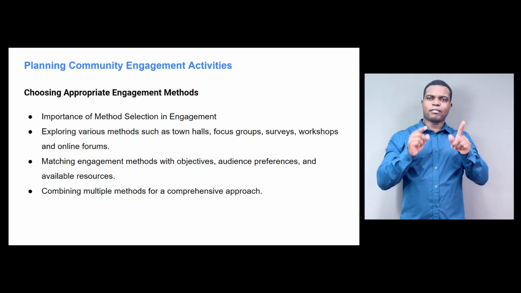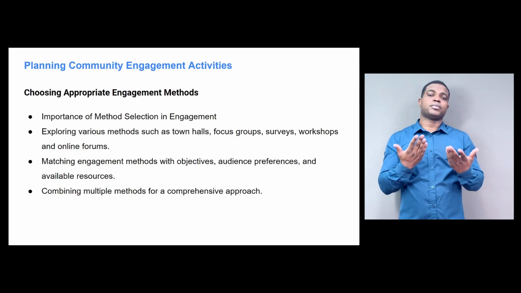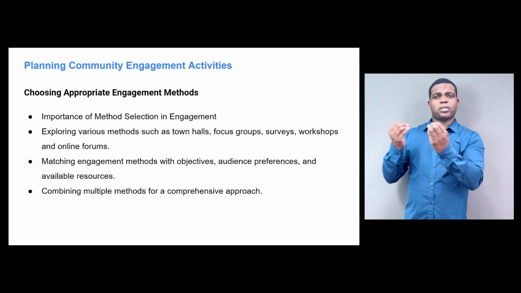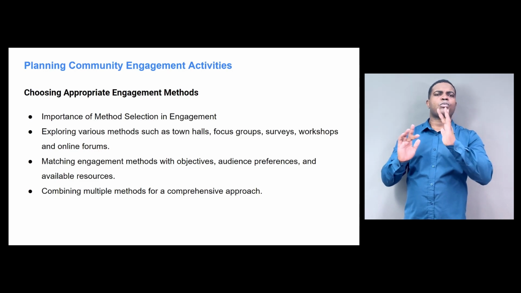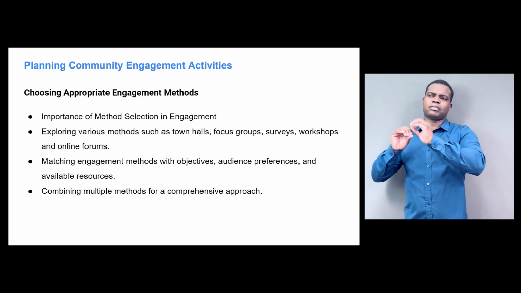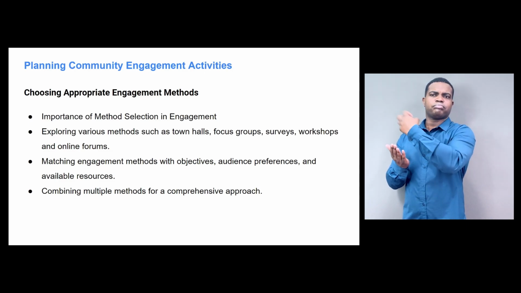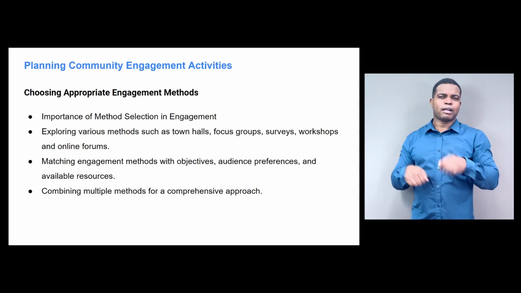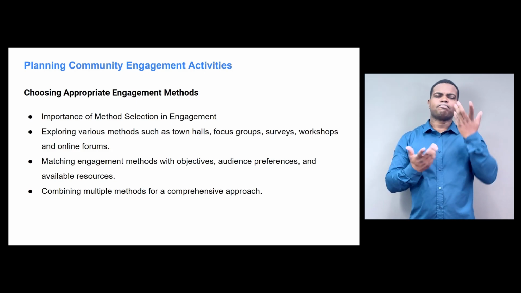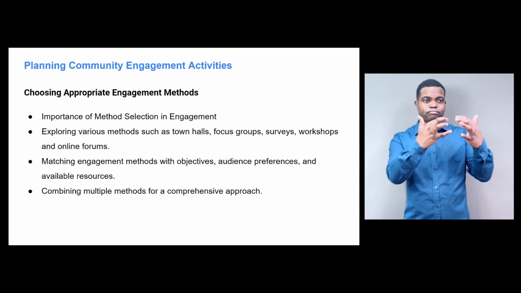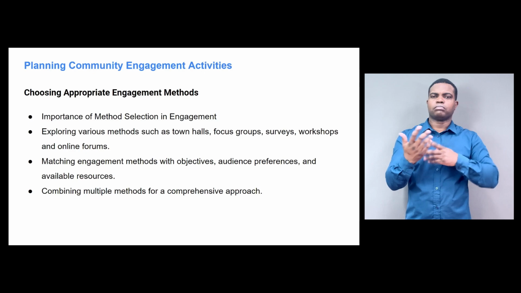If your target audience are young people who are tech savvy, you can decide to use online forums, you can decide to use surveys, you can decide to host virtual workshops. So you need to explore different methods that suit your audience.